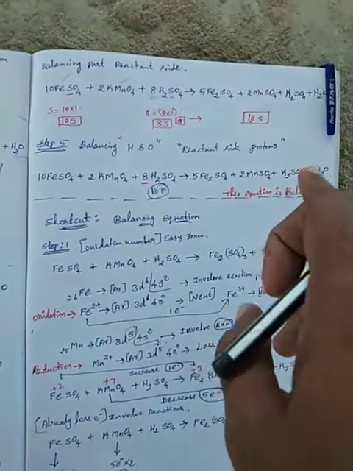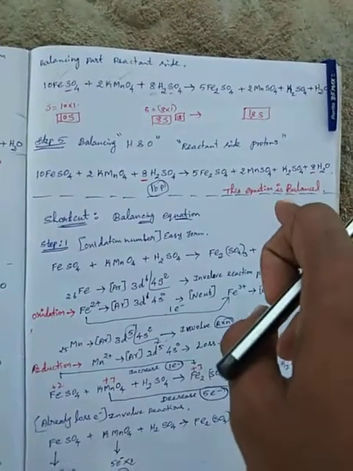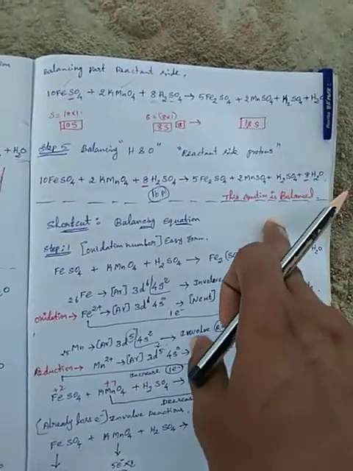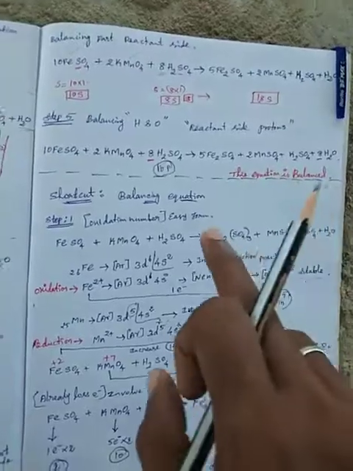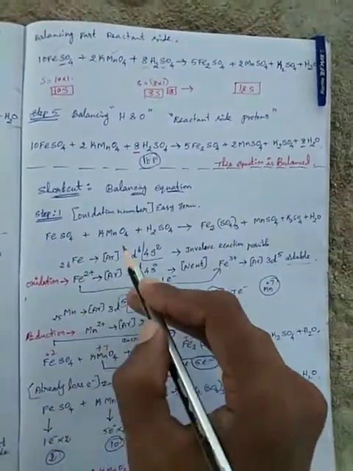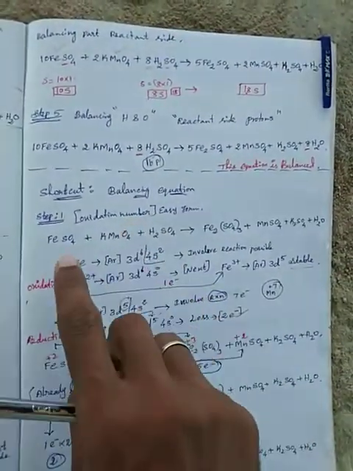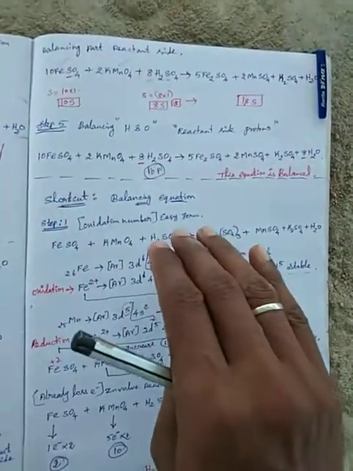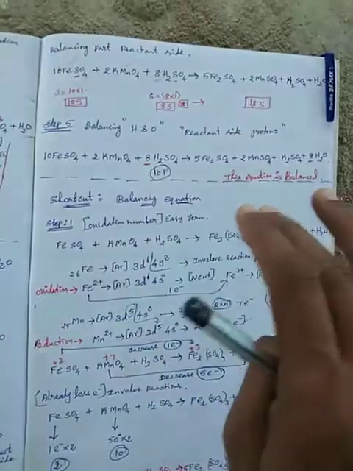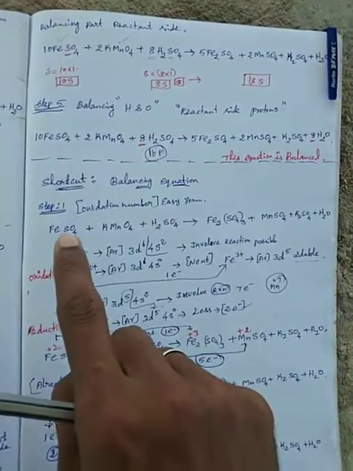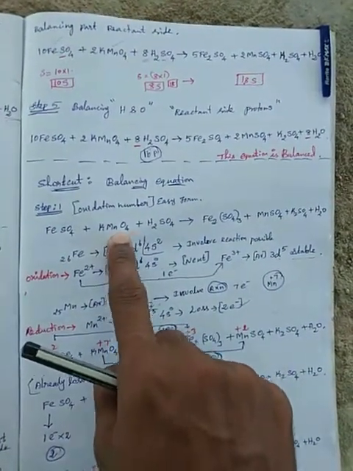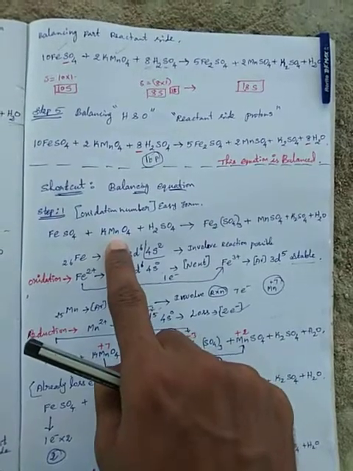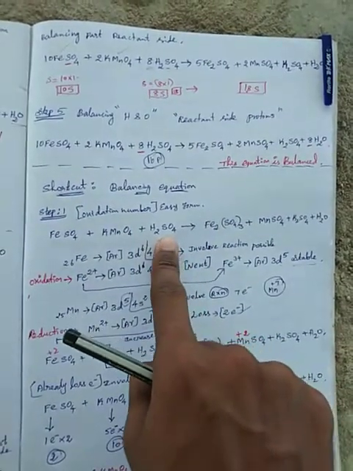This is the book method. Another method now, students, is the electronic configuration method. The trick is also discussed now. From the equation, this is a trick method: you calculate the oxidation number, a direct easy method from the trick. Outermost valence shell, what is it, students? Reactant part: ferrous sulfate, potassium permanganate and sulfuric acid.